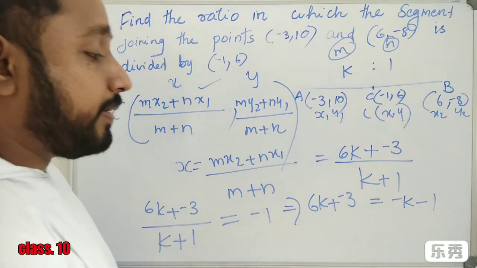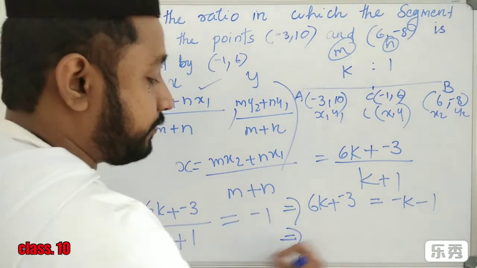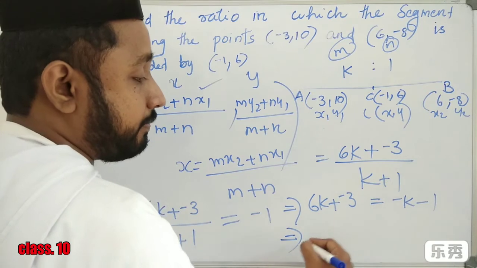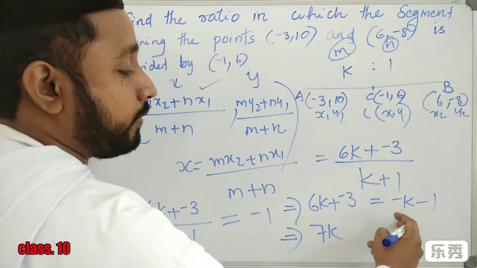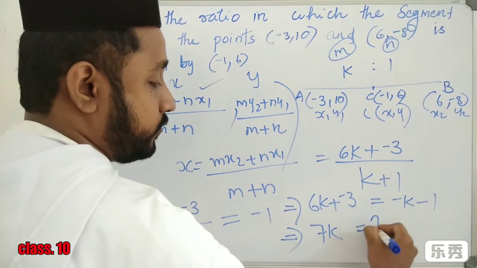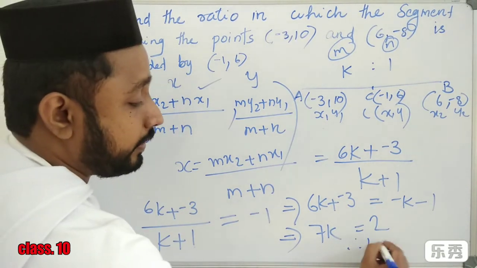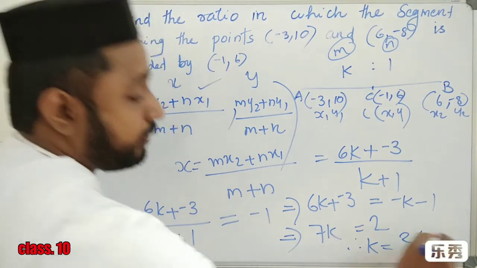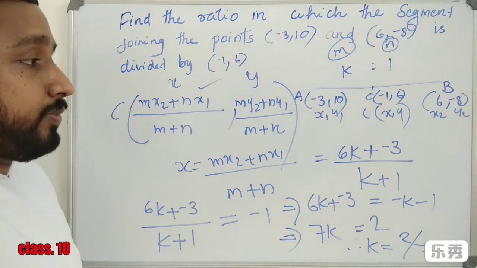So 6k minus 3 is equal to minus k minus 1, which implies when 6k comes to LHS, 6k plus k, that is 7k. When minus 3 goes to RHS, it becomes plus 3, here minus 1. So the answer is 2. So 7k is equal to 2, therefore k is equal to, when 7 goes to RHS, 2 by 7. We got k is equal to 2 by 7.